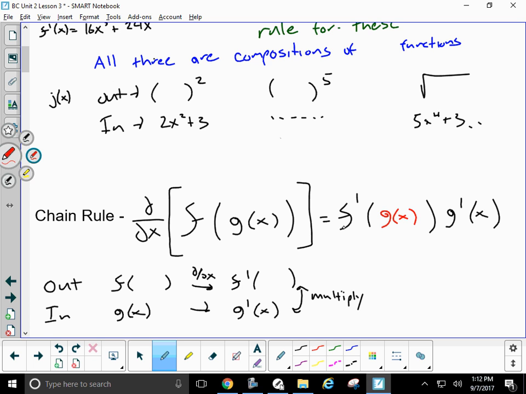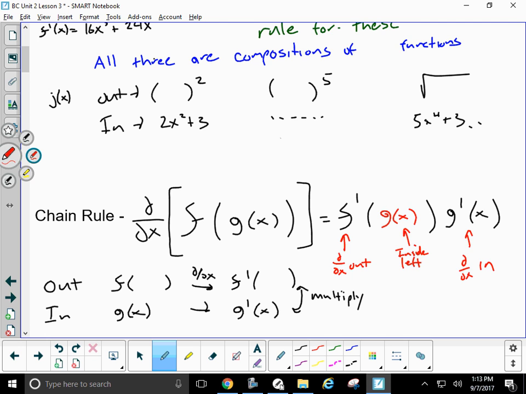So it's really the derivative of the outside with the inside left alone times the derivative of the inside. But how we'll go through each problem is we'll just focus on the outside, inside, take the derivatives, multiply, and then fill in kind of the blank stuff later.